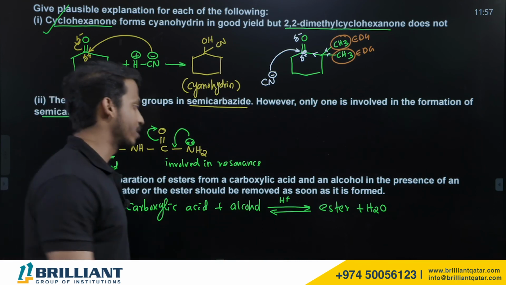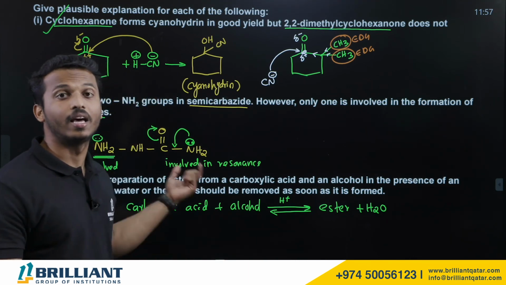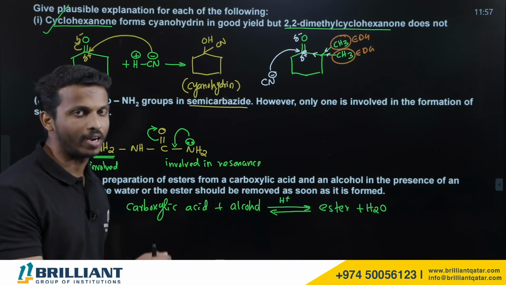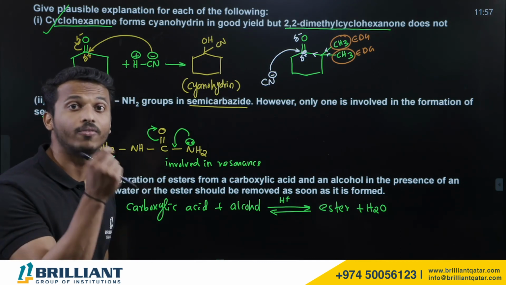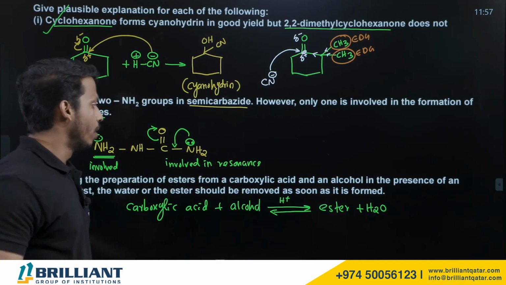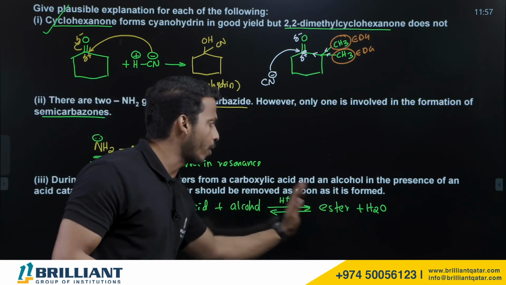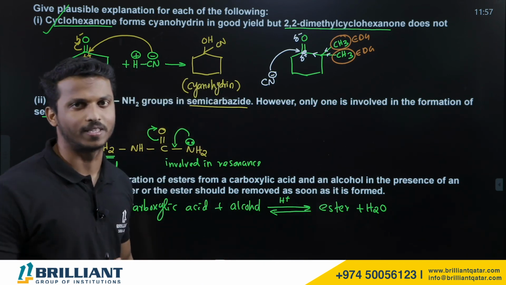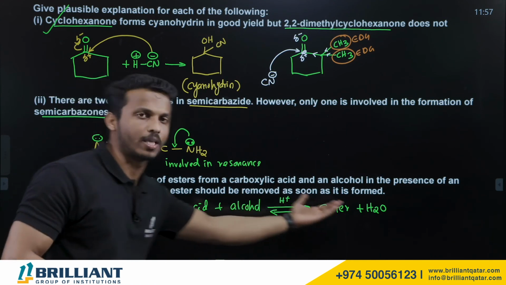Why? Dear student, the main reason is that this is a reversible reaction. Esterification is a reversible reaction, so I represent it with a double-headed arrow. Suppose more ester forms, so more product forms on the product side. You studied Le Chatelier's principle in 11th grade. This is the reactant, this is the product.